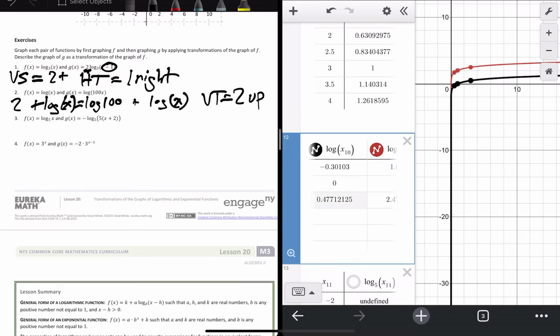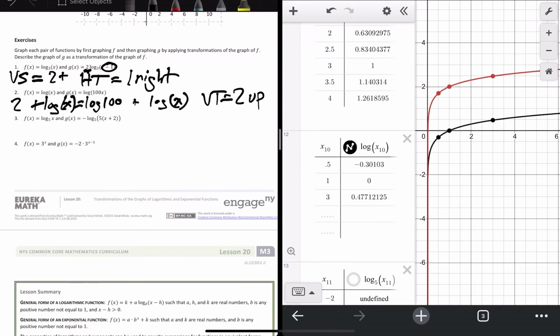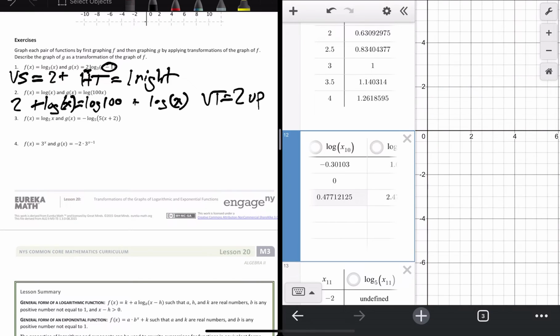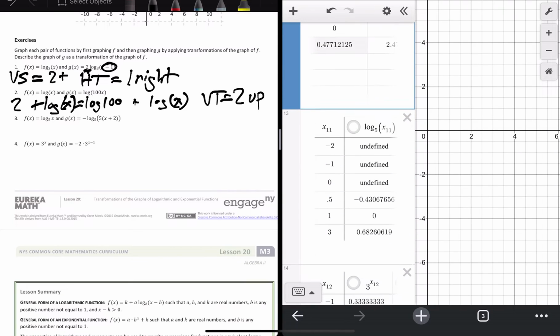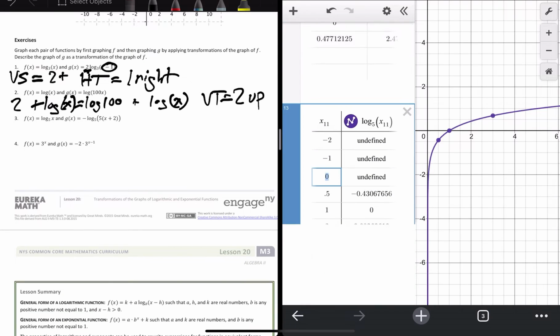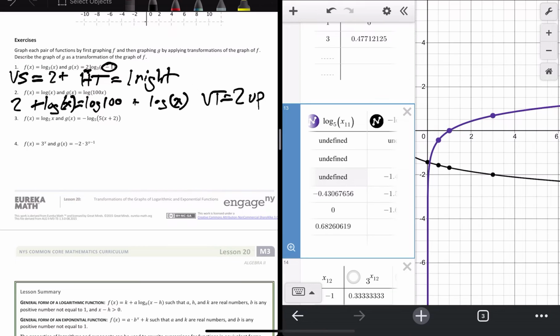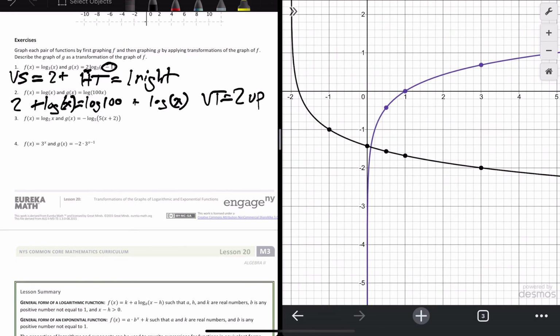And that's it. You can see that pretty clearly there. We just move everything up 2. Okay. Now, let's see here. Got a lot of undefineds here. All right, we're going to have some crazy looking graph here.